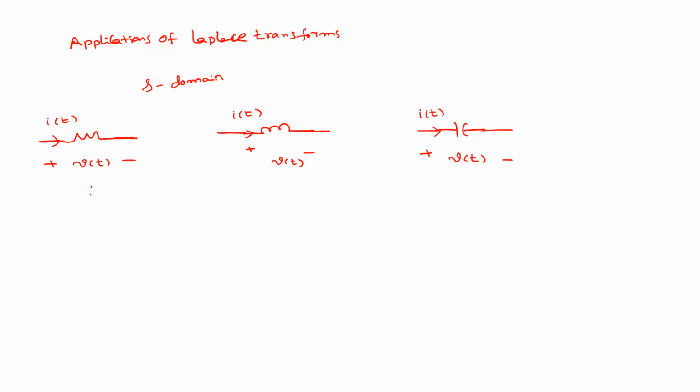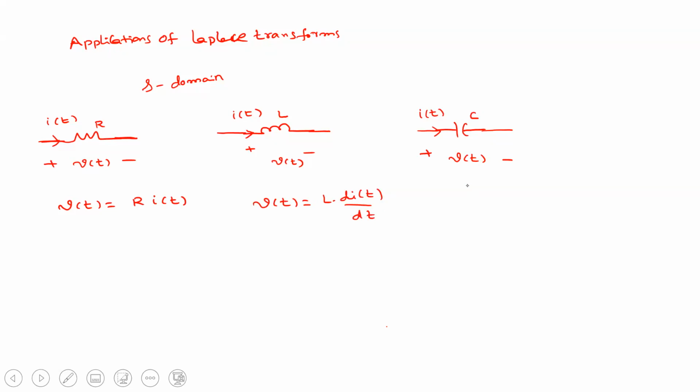So what is the relation here? If you assume this is R, this is L and this is C. So V of t equal to R into I of t, right? Whereas here V of t is equal to L into di of t by dt.